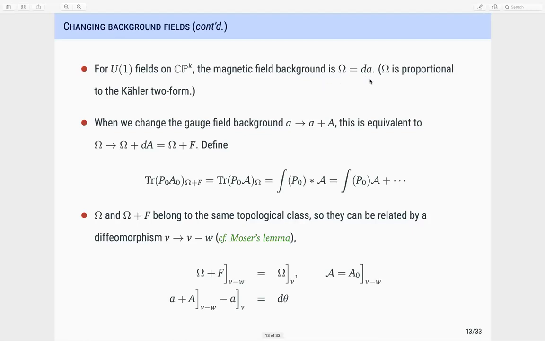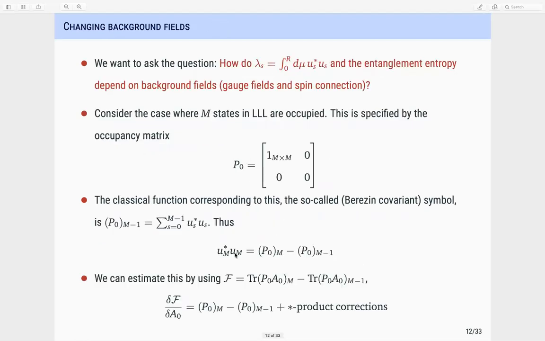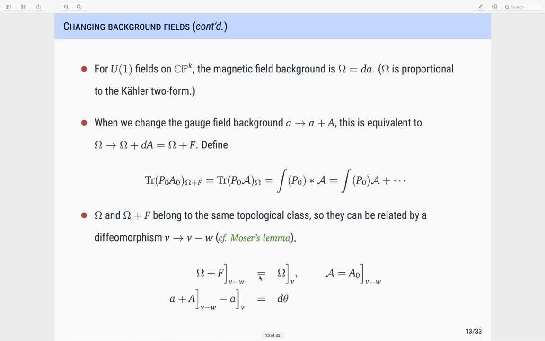So now imagine I'm shifting the background magnetic field, I'm changing it. So I'm going from little a to little a plus capital A, some correction. And that's equivalent to changing omega to omega plus f, omega plus dA, omega plus f. So what we are trying to do then, going back here, is to calculate this object P naught A naught with a background omega plus f.